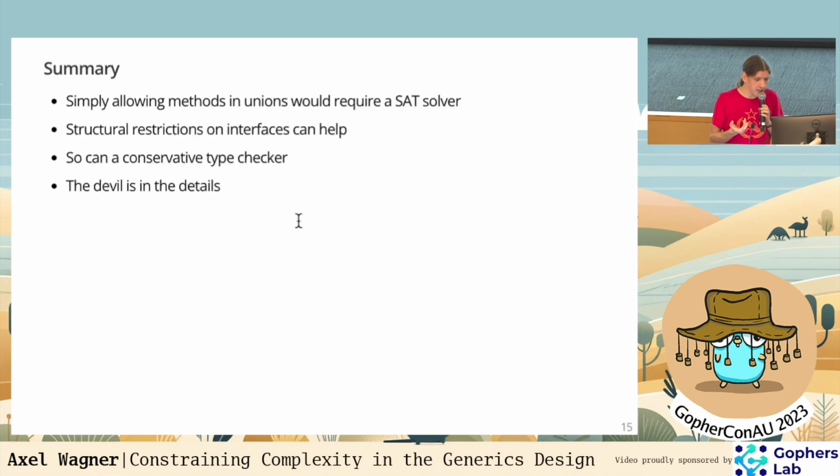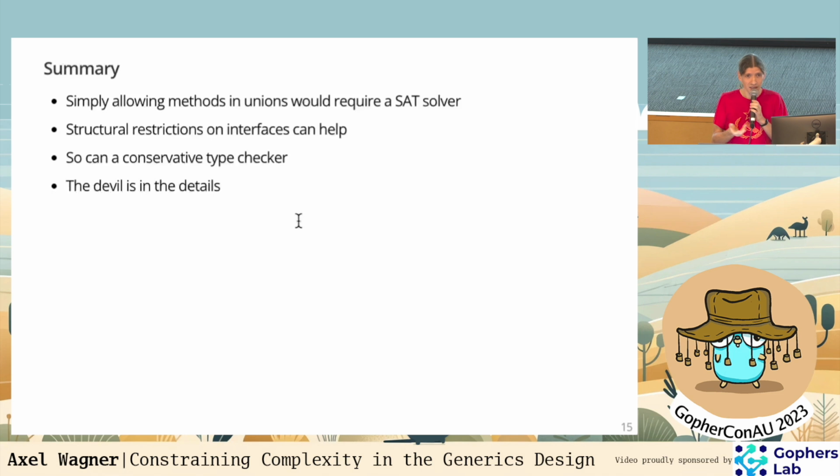But I also hope that I showed you that this argument also gives us a little bit of hope, or at least some specific levers we can use to maybe get some of the power back, either by putting structural restrictions on the interfaces that would allow us to express some programs we like, or by making the type checker a bit conservative.